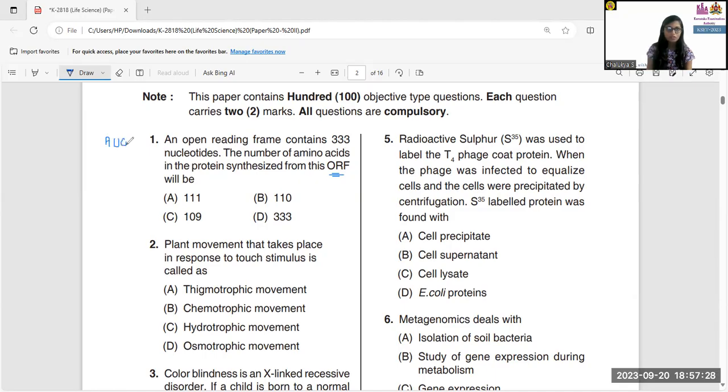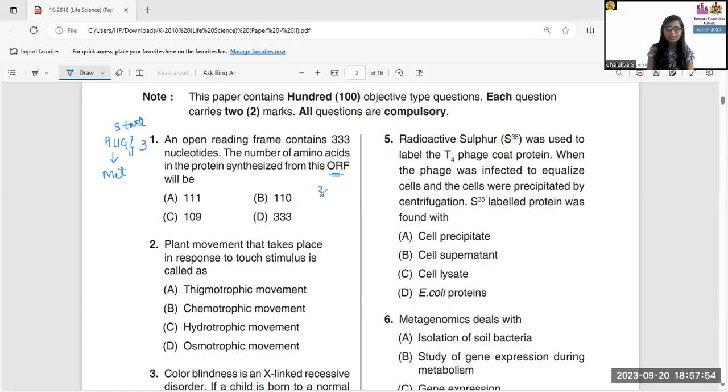This AUG we call a start codon, right? This start codon always codes for which amino acid, that is methionine, right? So like this, several codons are there which code for specific amino acids. Okay. So here 333 nucleotides are there, and these are read in codons of 3.